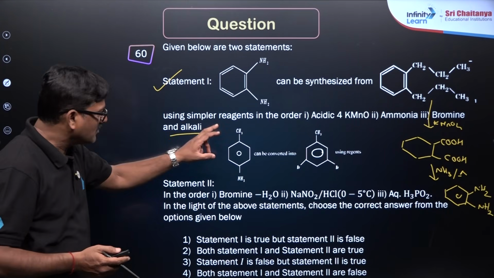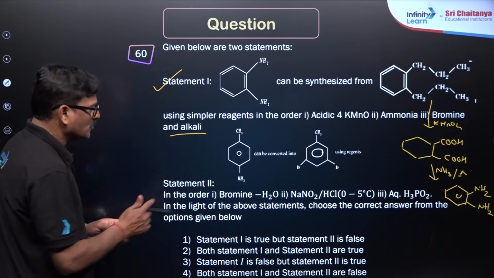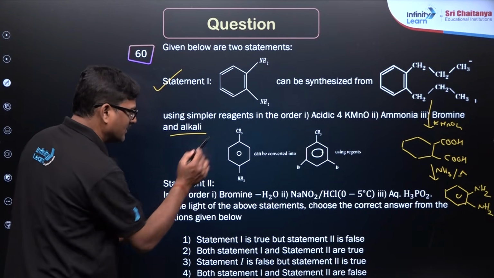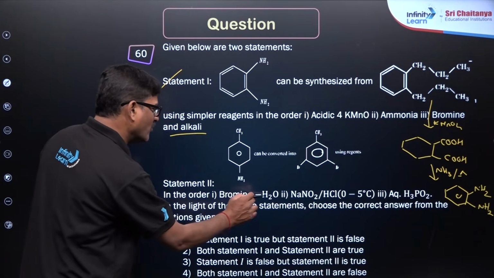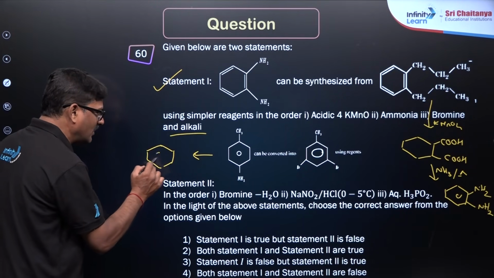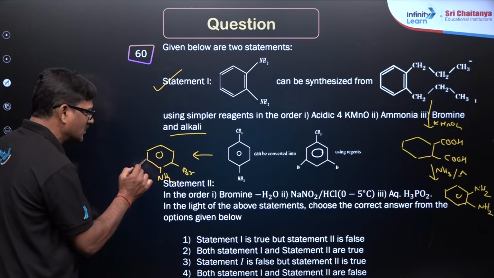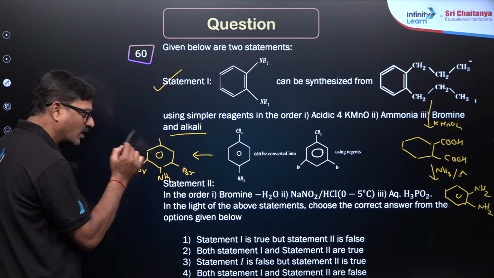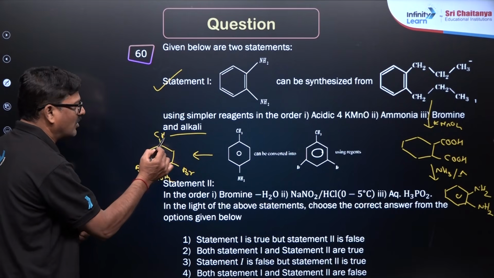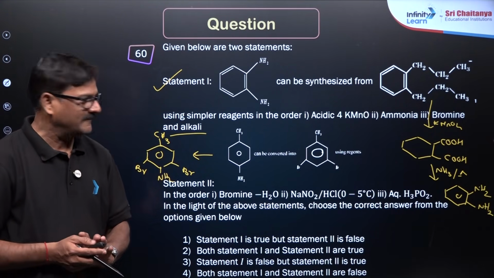While this compound can be converted into this by using suitable reagents. If this is an amino group and a methyl group, you can use bromine in water. The amino group is an electron releasing group, so bromine is going to be directed to its respective ortho and para positions. Para is blocked, so the amine group is activating, so ortho brominated.